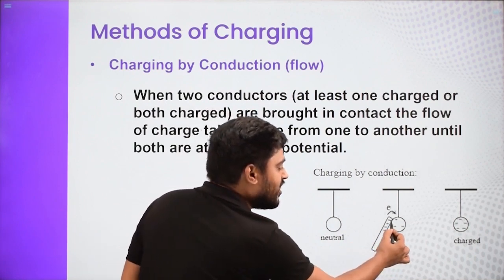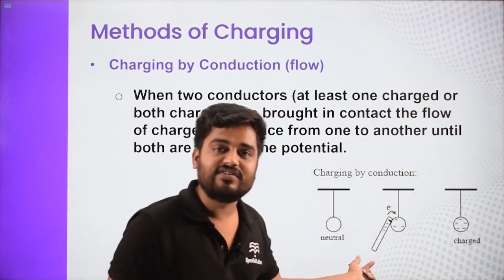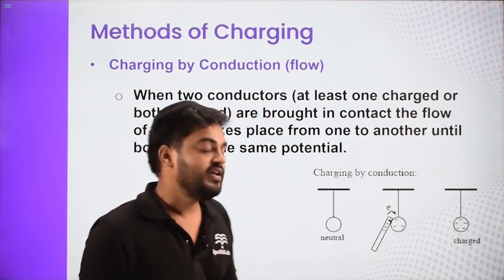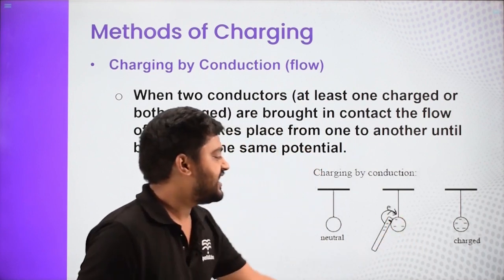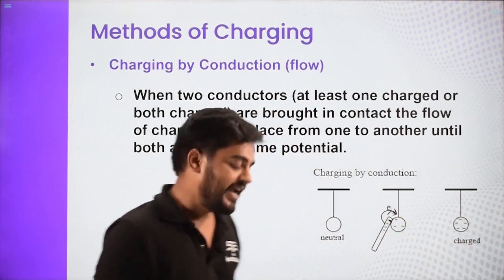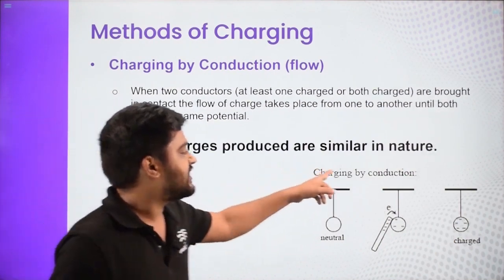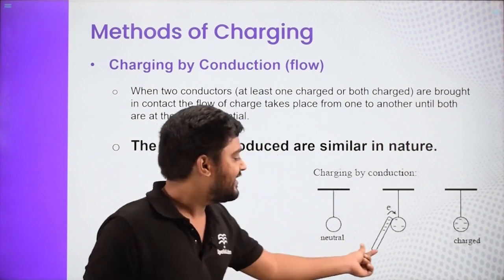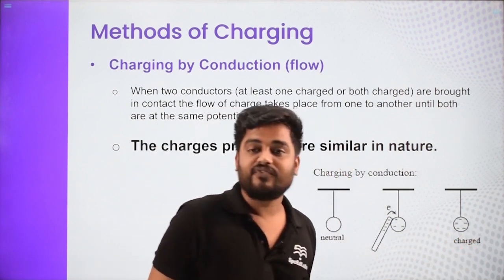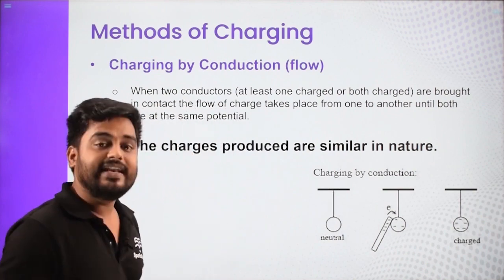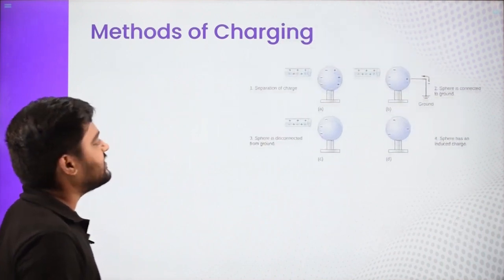When you put them in contact, since this is negatively charged, there is an excess of electrons. Some of these excess electrons will leave and go to the other object and make that also negatively charged. So we can say that the charges produced are similar in nature. We brought the negative charge, and the charge which the neutral object gained after conduction is also negative. So some of the original charge is only transferred. So they are similar in nature.